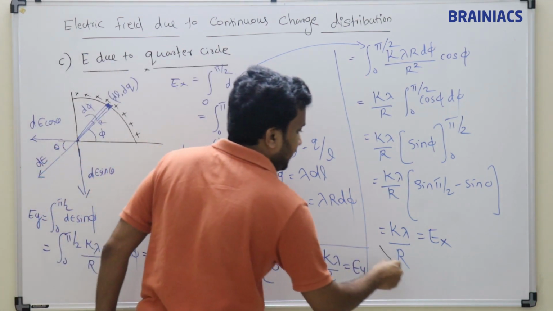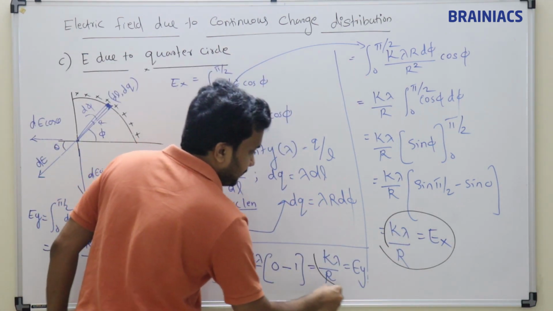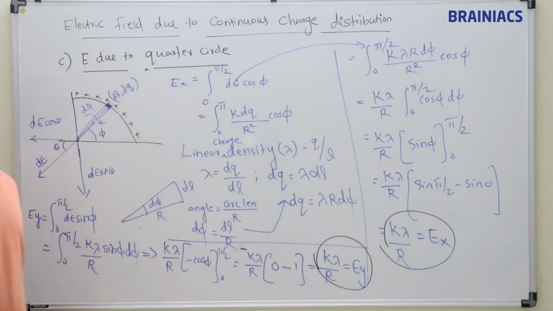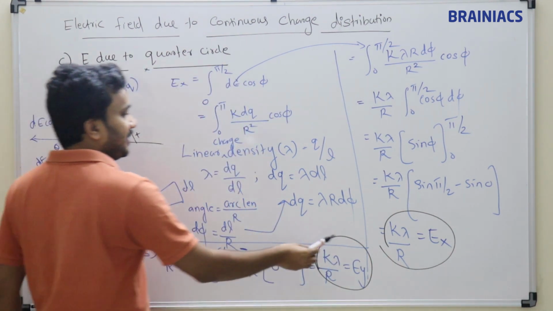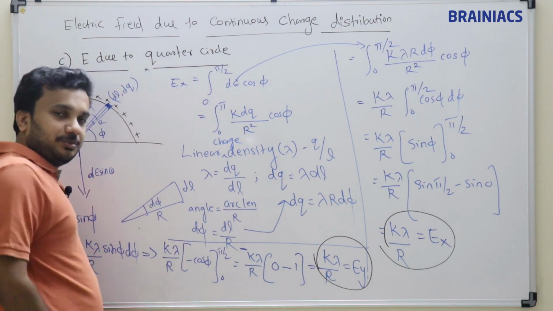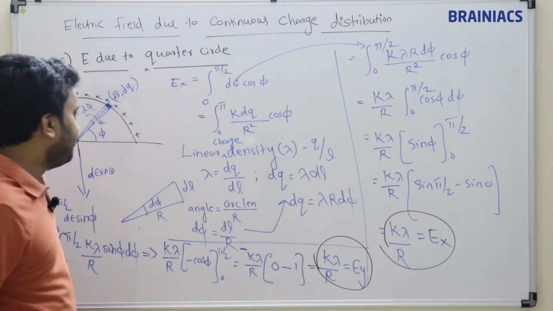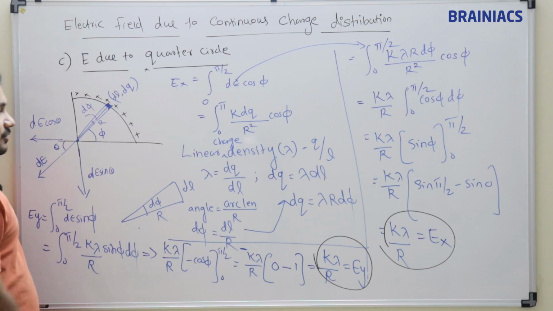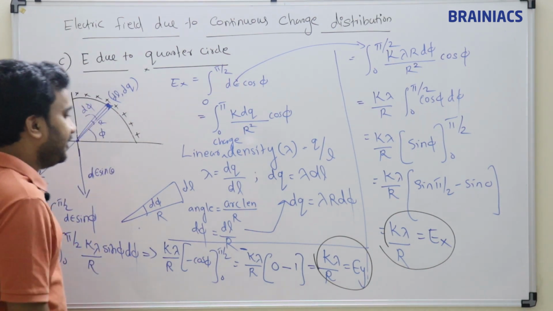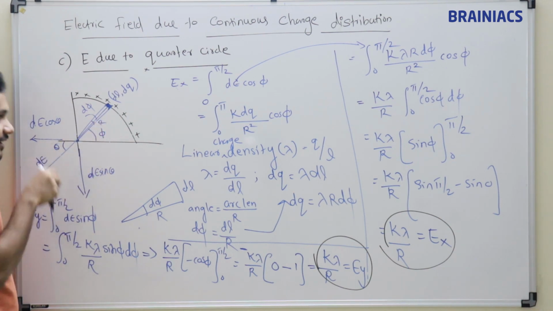Now we got two equations, one for Ex and one for Ey. I highlighted both. Both equations are the same, which means I have a net electric field in the minus x direction, and a net electric field in the negative y direction.